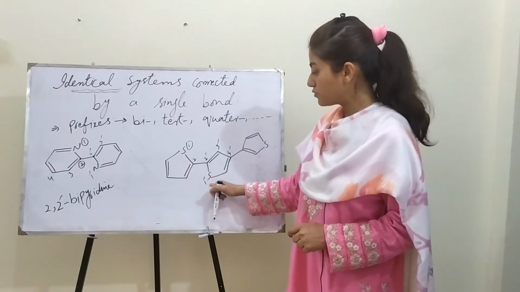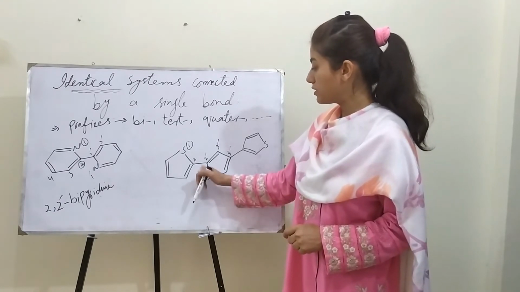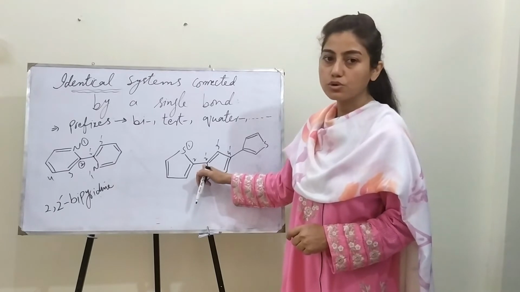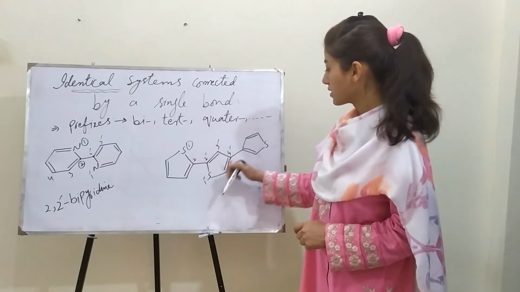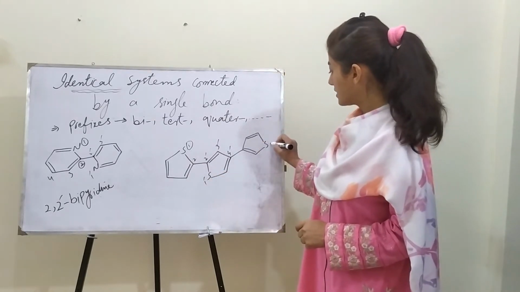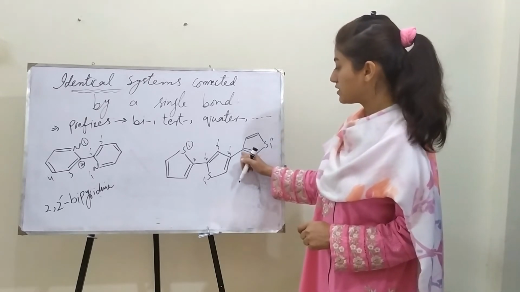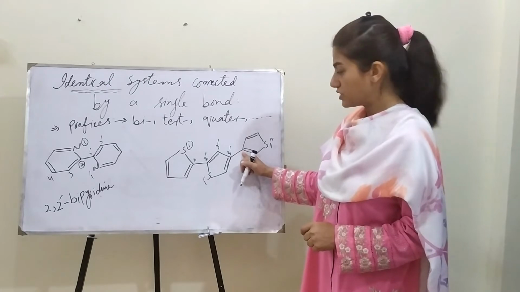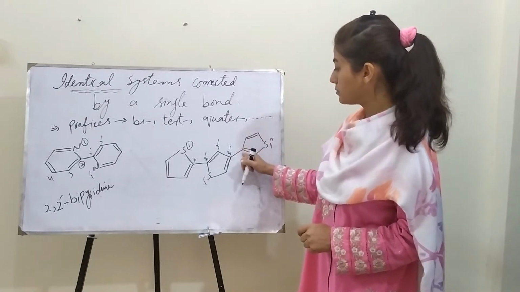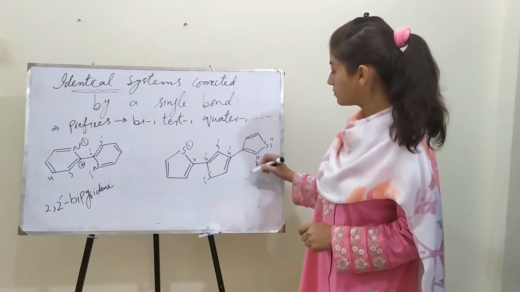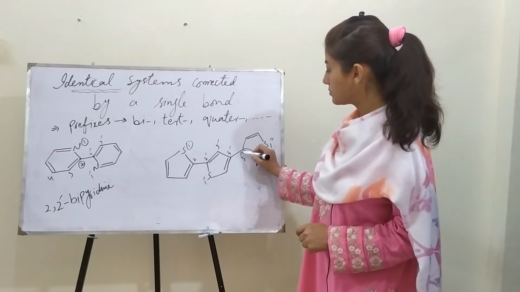So that is why we have given the number 2 prime to this position, because this connectivity is closer to the heteroatom. So here this would be given 1 double prime, then here it is at 3 position, but along this direction it would be at 4, so we will move to this direction, that is 1 double prime, 2 double prime, 3 double prime.